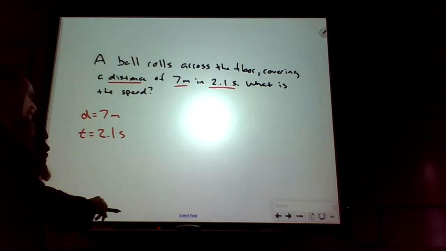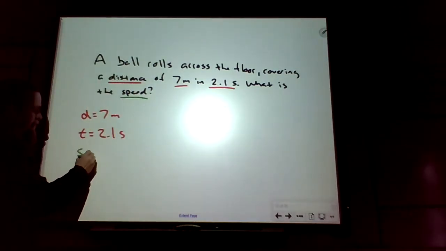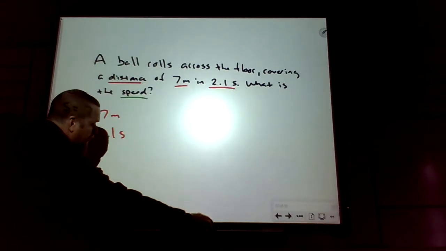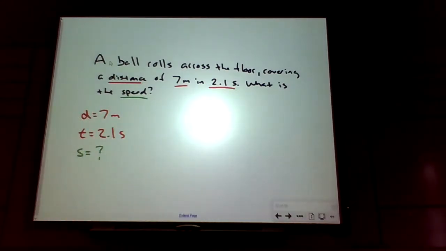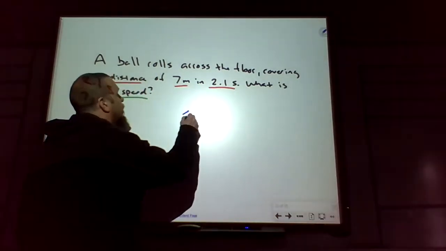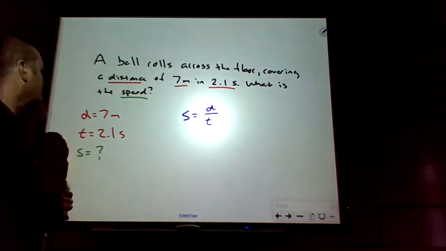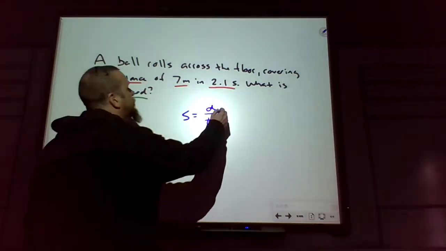Once you've done that, then identify what it is you're trying to find. We're trying to find the speed. That's our variable. Once you've identified those things, you can figure out what equation it is you want to use. And there's only one equation that has these three variables in it. Speed equals distance divided by time. Our distance is 7 meters.